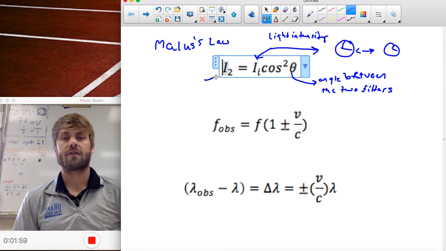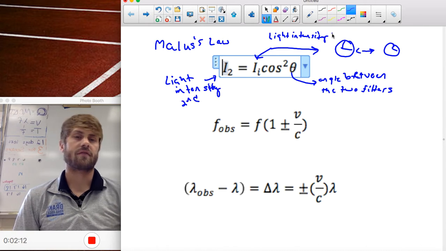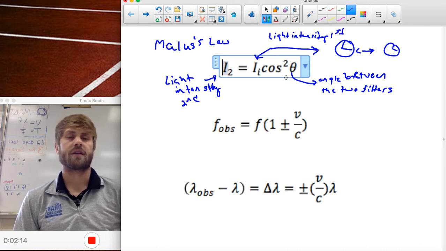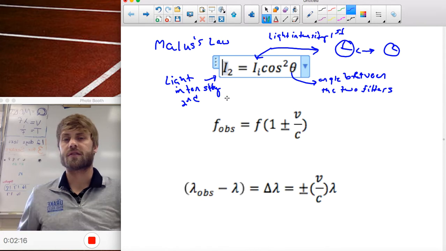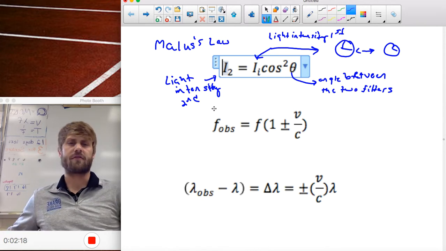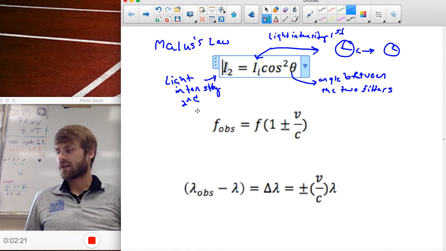And then this one is the light intensity after the second one. So we have light intensity after the first one times cosine squared of the angle between the filters, and light intensity after the second one. Now that equation's not too bad.